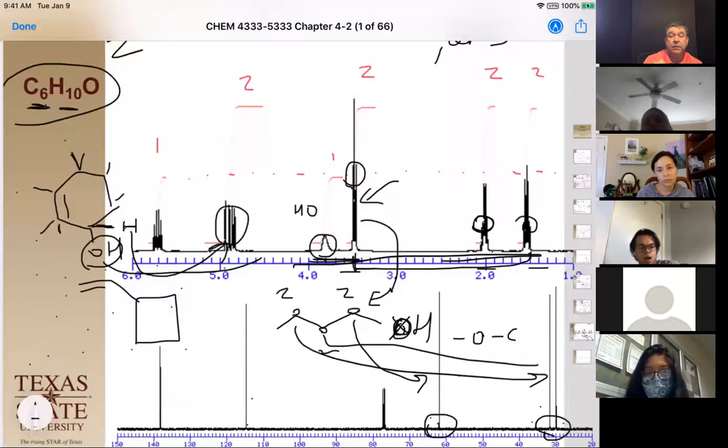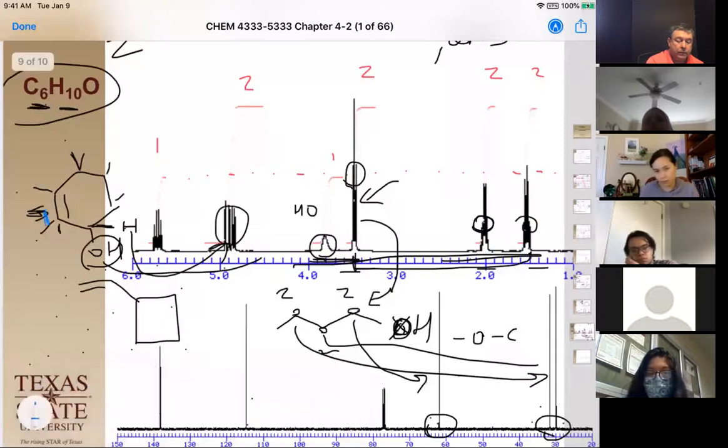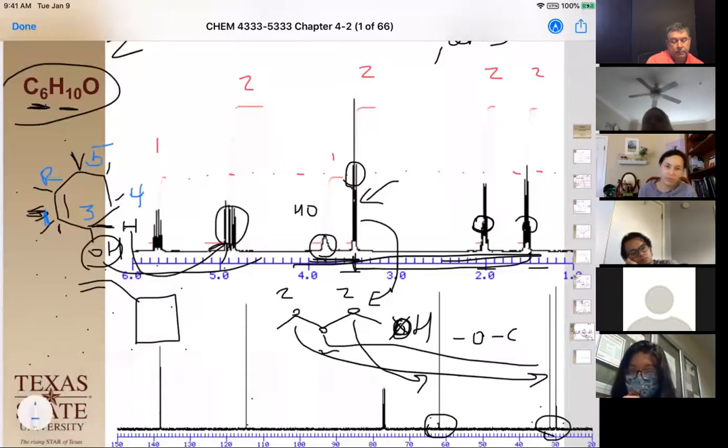But let's see how many different types of carbon we have now. Let's count them in blue here. 1, 2, 3, and then this is 4, and then maybe 5. The hydrogen at carbon number 3, it's close to OH and alkene. So I think so.